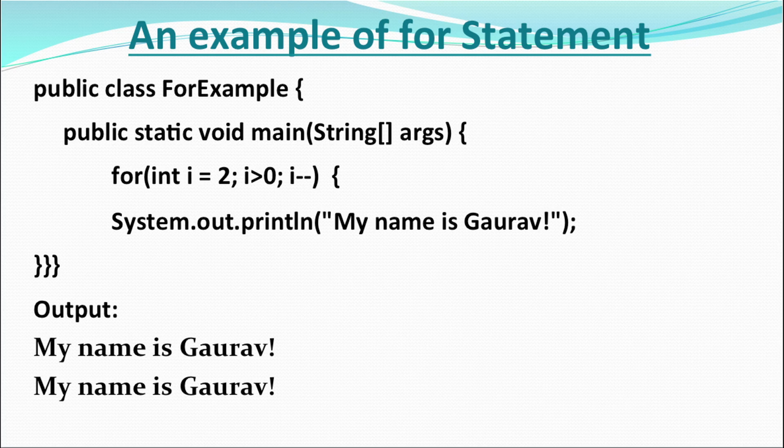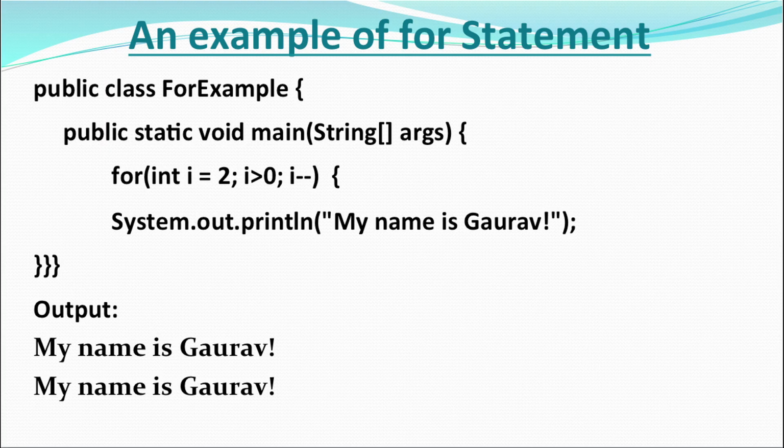Over here the condition is evaluated, I is 0 and 0 is less than 2. Therefore the system.out.println line gets executed, and therefore in the output screen my name is Gaurav will get printed once, right? And after that what we have to do is an increment, because as in this control flow diagram you can see, after this statement gets executed there is an increment.